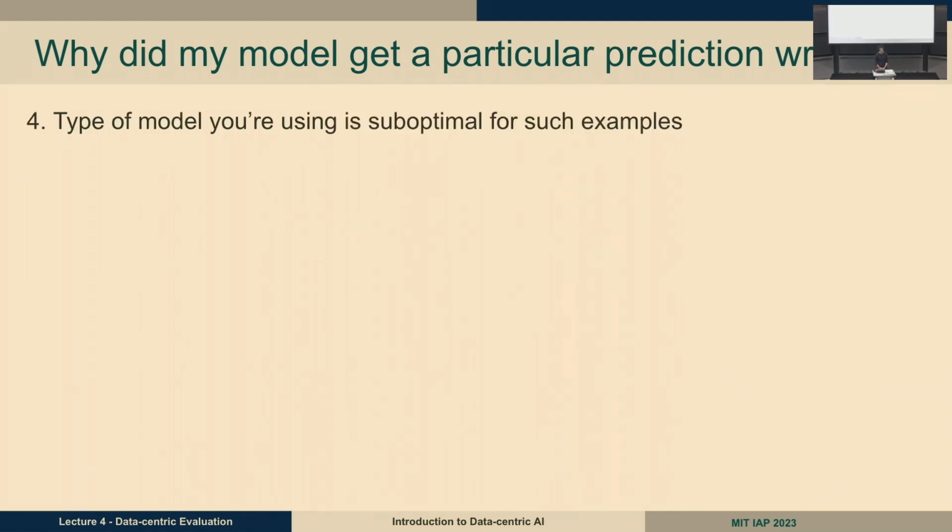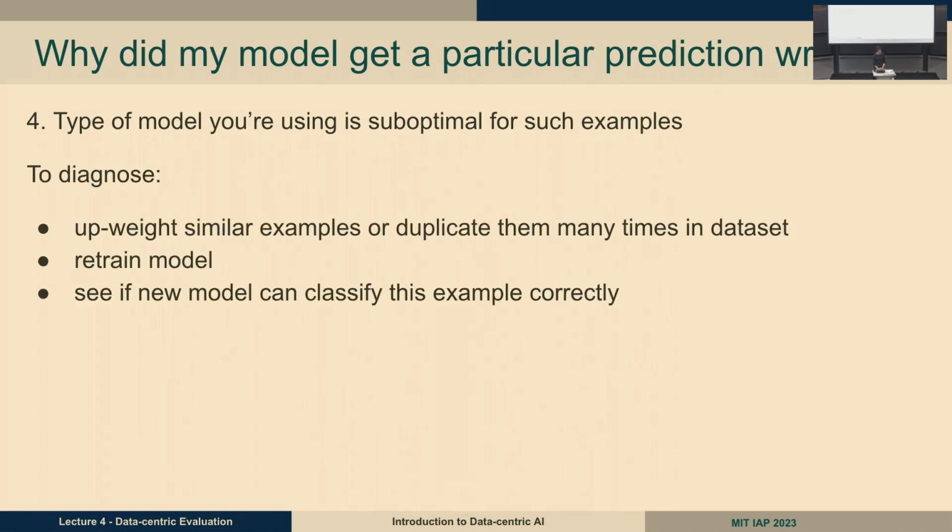Okay, another reason why the model might get a particular prediction wrong is that the kind of model you're using is just not ideal for this kind of data and these examples. So how can we diagnose this? This is similar to what I just presented when you have an underperforming subgroup and you're trying to see if you can get more data from that subgroup to improve the performance.